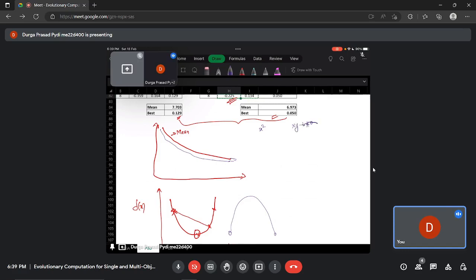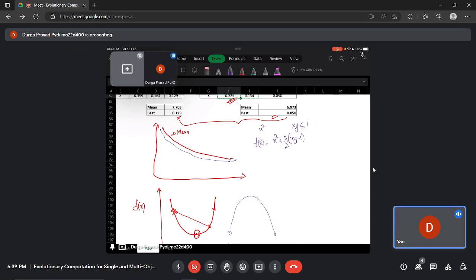Then I will change my objective function in such a way: x square plus some constant times the deviation I am getting over here. This constant tells you that if you violate the constraint, your objective function will increase, and my objective is to minimize the objective function. So that could be one way of dealing with it.